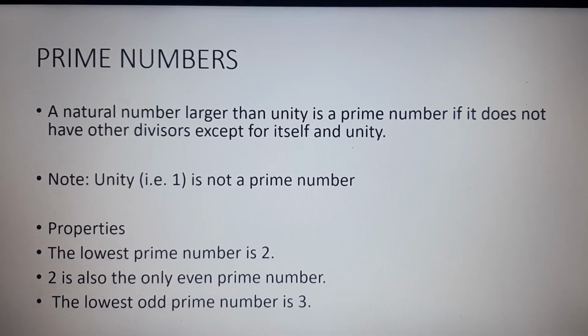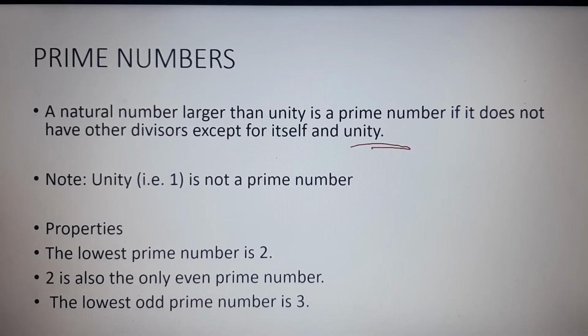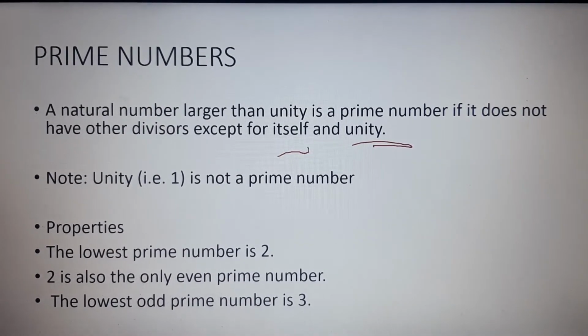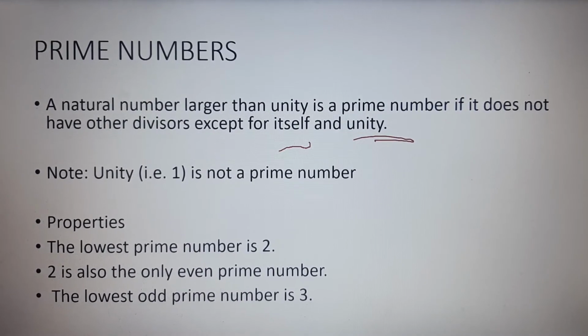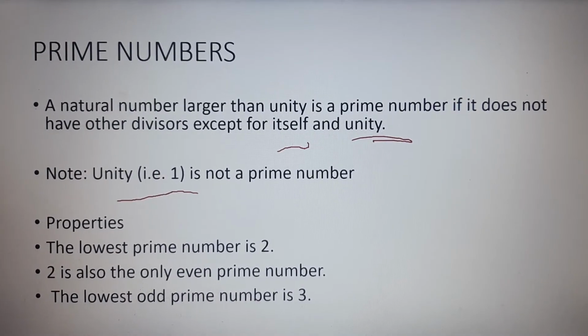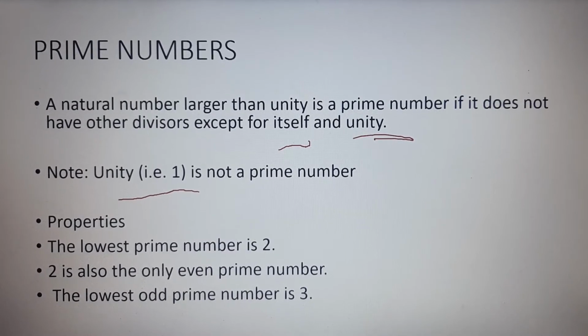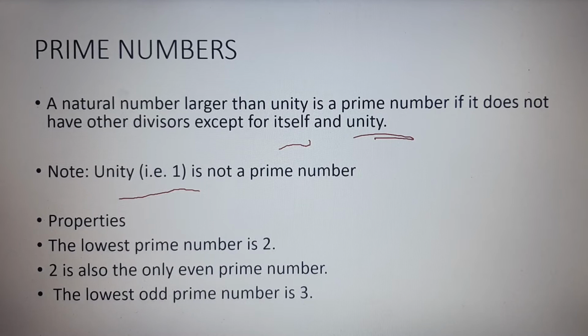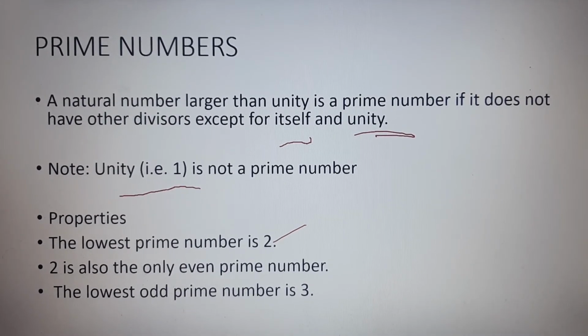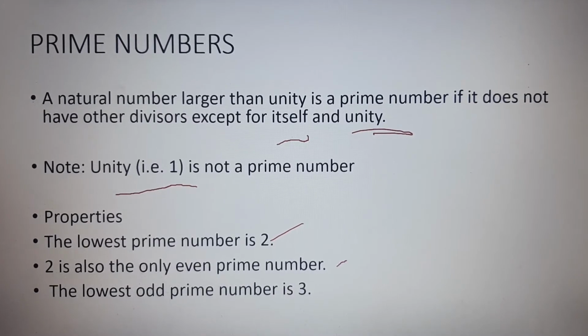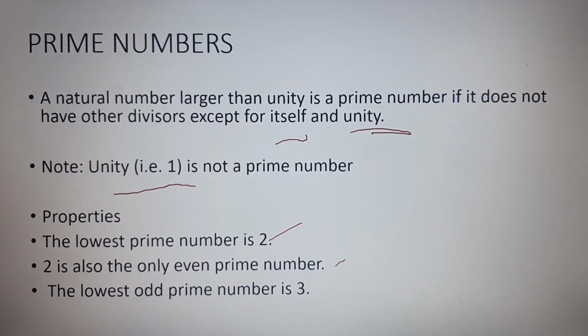It can be divided by unity, that is 1, and by itself. Any other number cannot divide it. So 2 is a prime number. Note that unity, that is 1, is not a prime number. It's a main point that we should always remember. Some of the properties of prime numbers are: the lowest prime number is 2, 2 is the only even prime number, and the lowest odd prime number is 3.